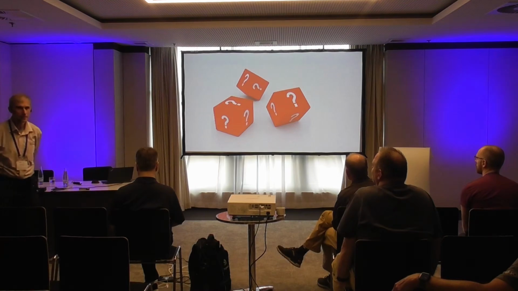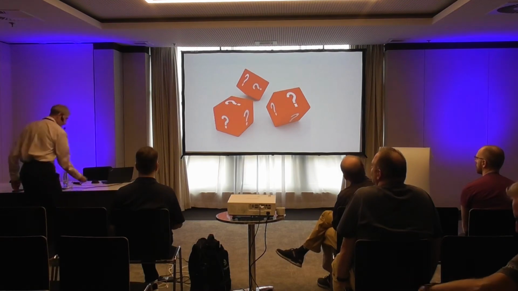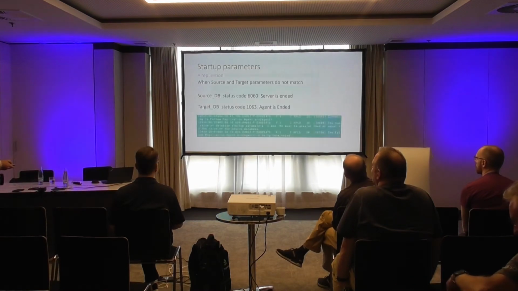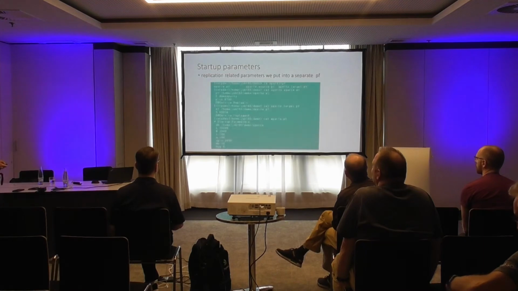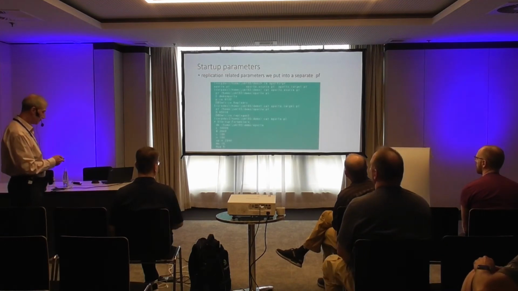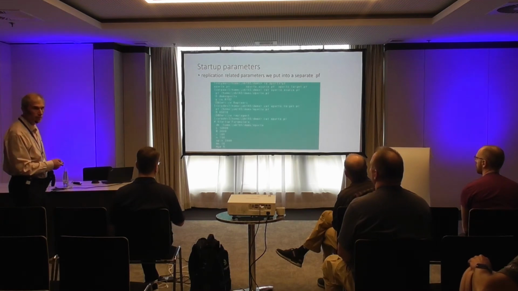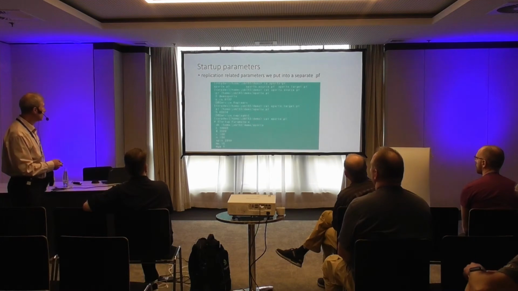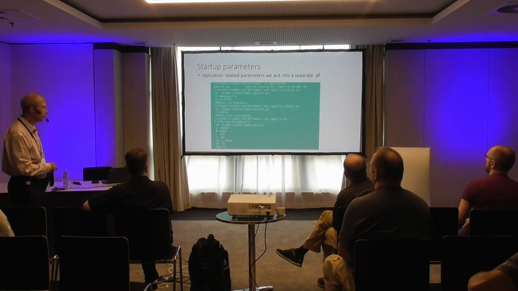Could you go one slide back to the parameters? What I don't get is why I have to say it to the database. Which one? One forward again. That is, it's the replication server and replication agent. Does the database not know? But it was started as server and target. No, it is different. If it is a source database, it will have a replication server parameter. If it is an agent, it will have a replication agent parameter.